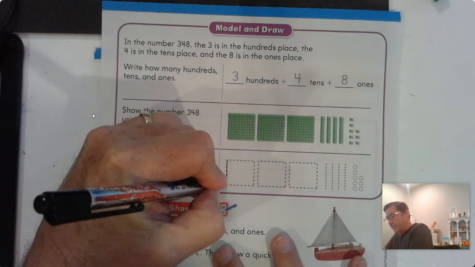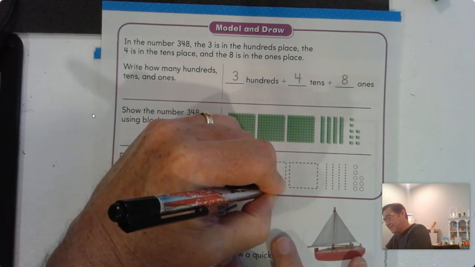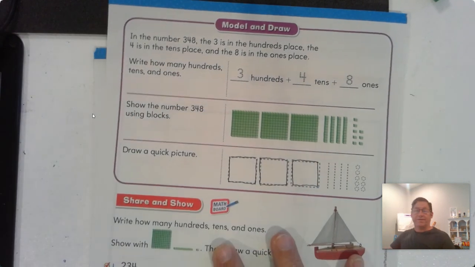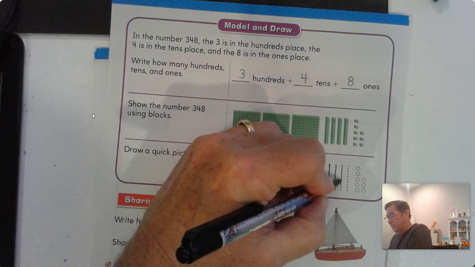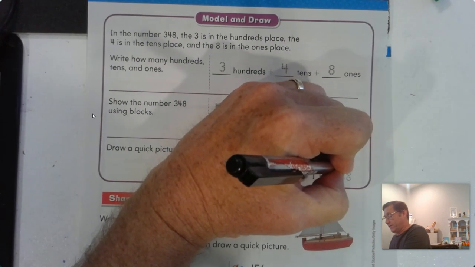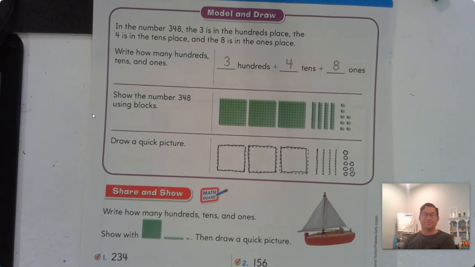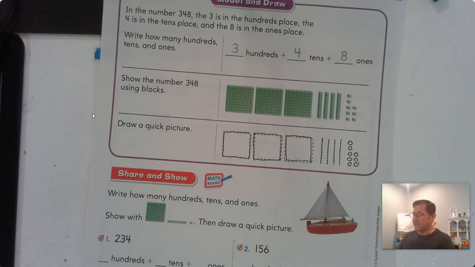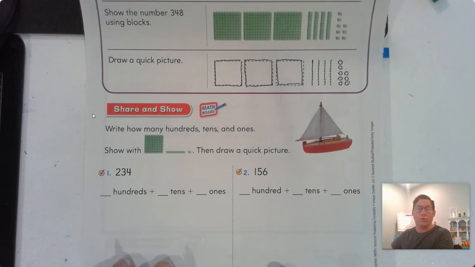Okay, so if we outline this, or trace the dashed lines, we get 3 hundreds, 1, 2, 3, 4 tens, and we have 1, 2, 3, 4, 5, 6, 7, 8 ones. So that's the place value for 348 and how to show it using a model or a quick picture.